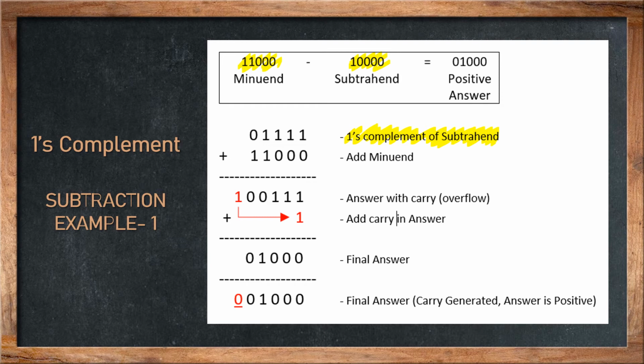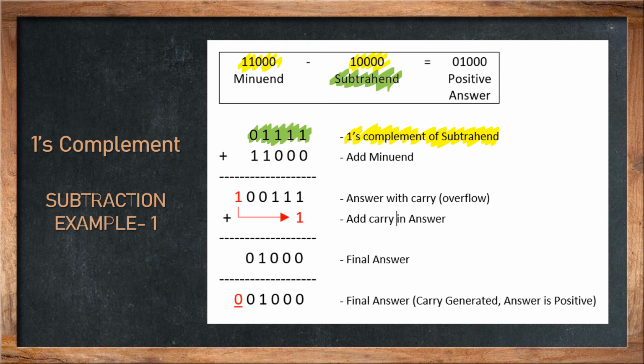So if I invert the bits of this subtrahend, I'll get 01111. So this 01111 is the ones complement of 10000.